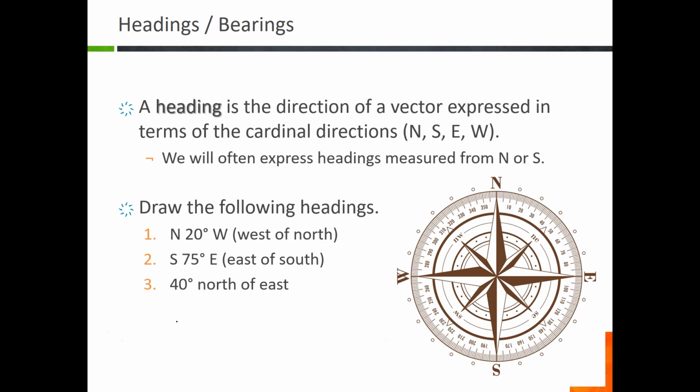So let me draw what those look like. We have north 20 degrees west, and you could think of that as west of the north direction. North is basically the y-axis, so if we start north, we turn 20 degrees west. That means we're in the second quadrant, rotating from the y-axis a distance of 20 degrees. For the second one, we have south 75 degrees east, and you could think of that as east of south.